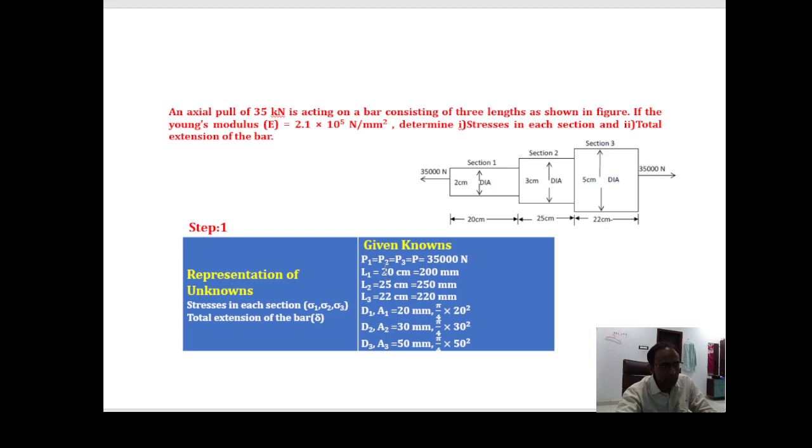These are the quantities that we are already given. P is the common force, so the same force will be acting all along. So P1, P2, P3 become the same, 35 kilonewton or 35,000 newtons. L1 is 20, L2 is 25, and this is 20.